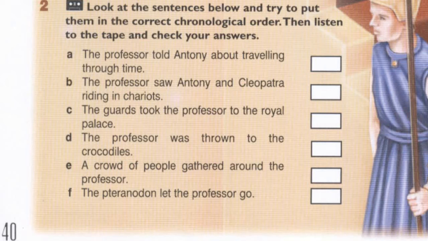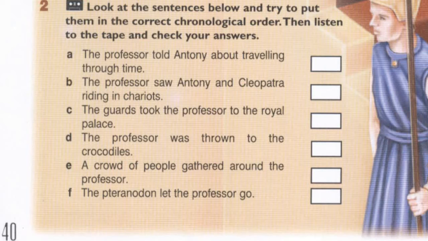Okay, understandable. We don't have any particular or interesting grammar here, but let's focus on the vocabulary. The professor was thrown to the crocodiles. And G. A crowd of people gathered around the professor.